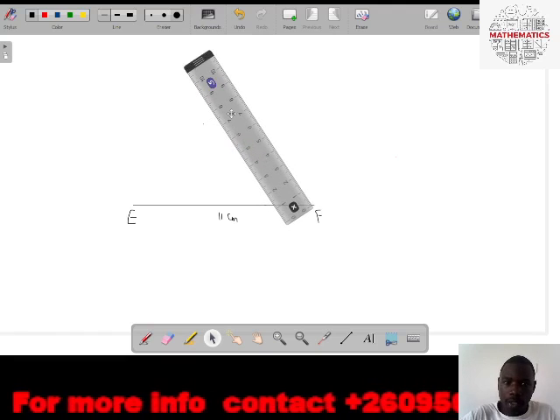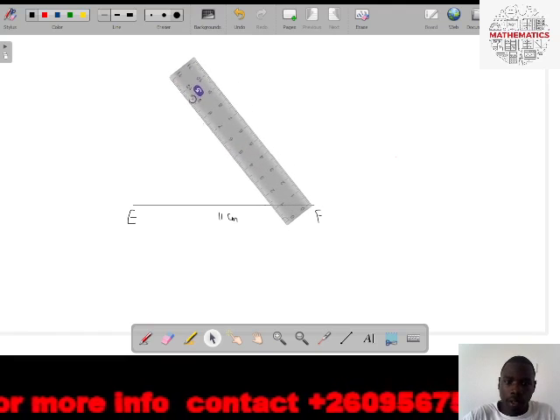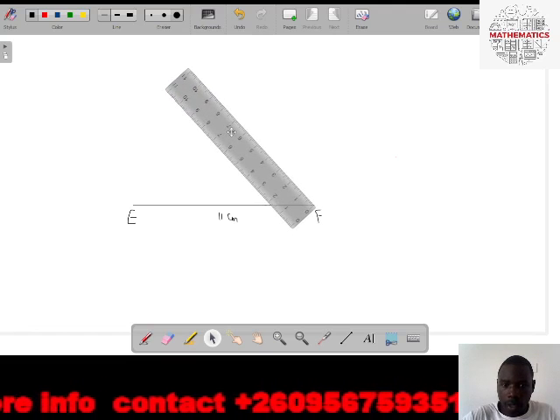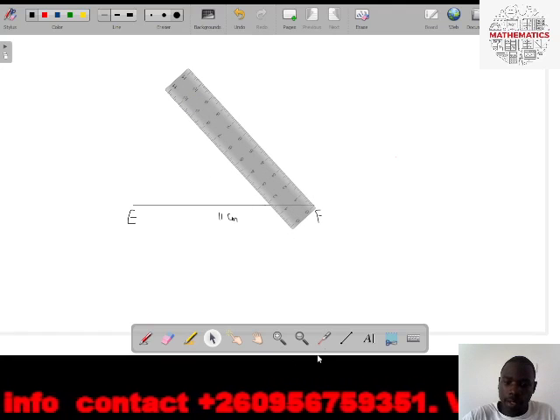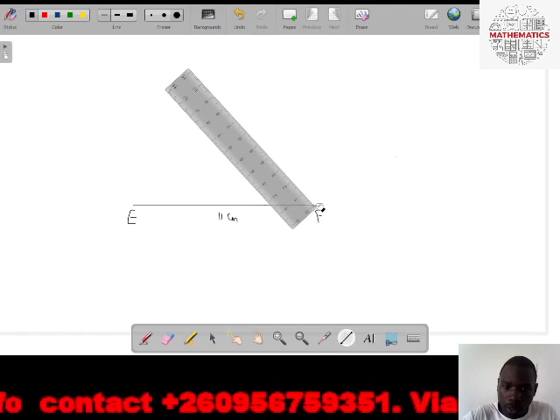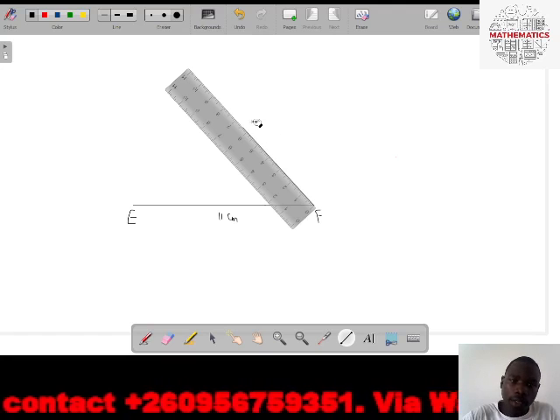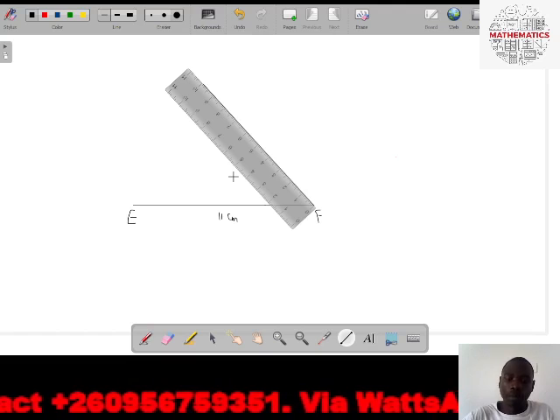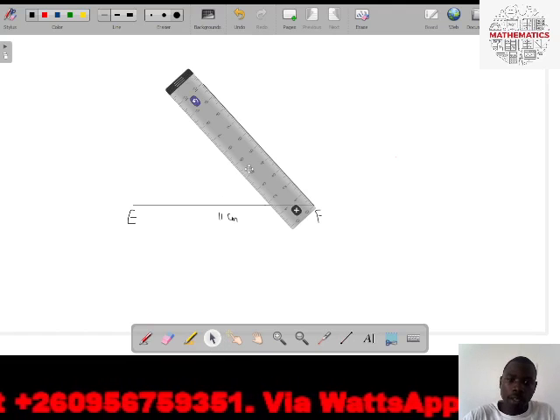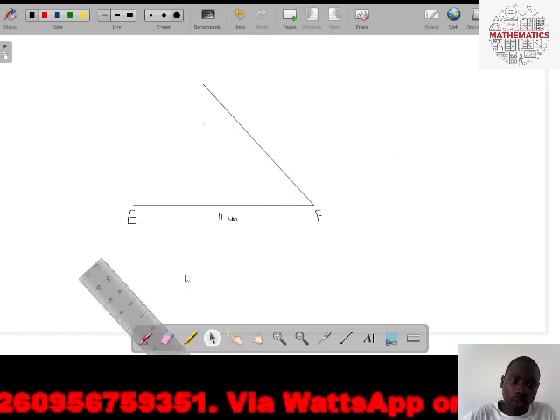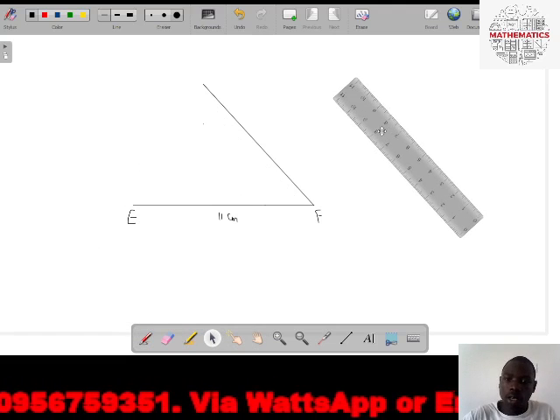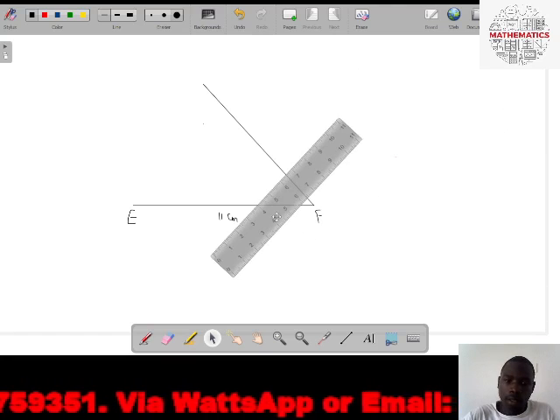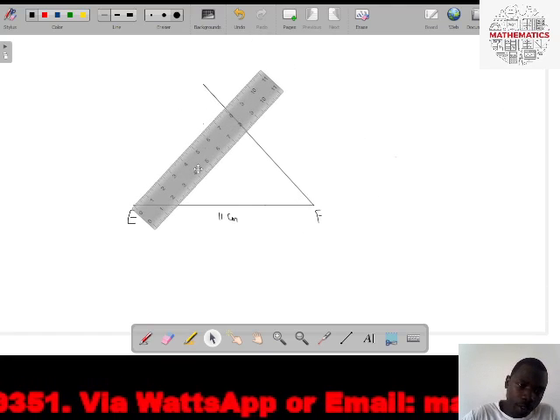I need to measure that and then start from there. They are saying it's 10 centimeters, so I will draw up to 10 centimeters like that. 10 is actually there. Okay, so after that, let me just connect the 6.5 centimeters.